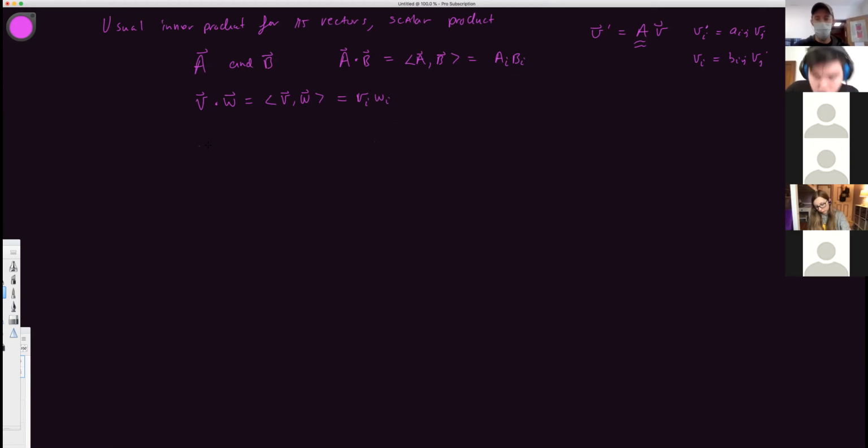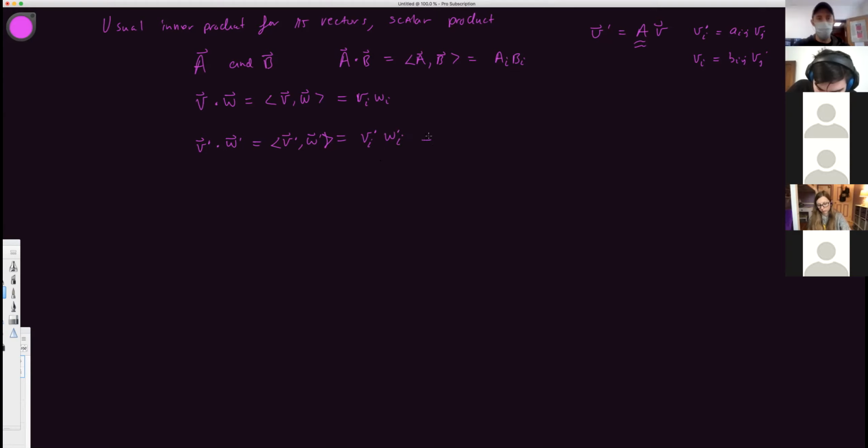So let's rotate them. So we're going to do V prime inner product with W prime. Now they're both in the rotated coordinate system. Again, that's in our notation in this class, looks like this. And let's see what happens when we rotate, okay? So I know that this is in components, using the Einstein sum convention, V'_i W'_i, summed over i.